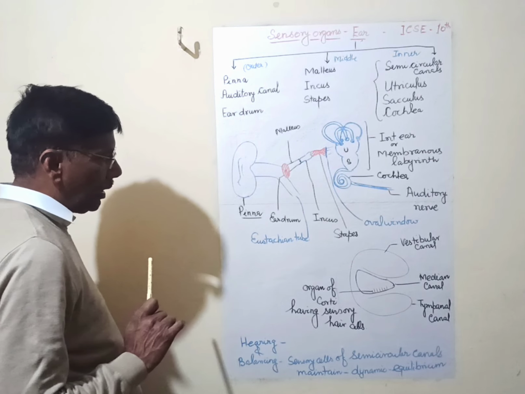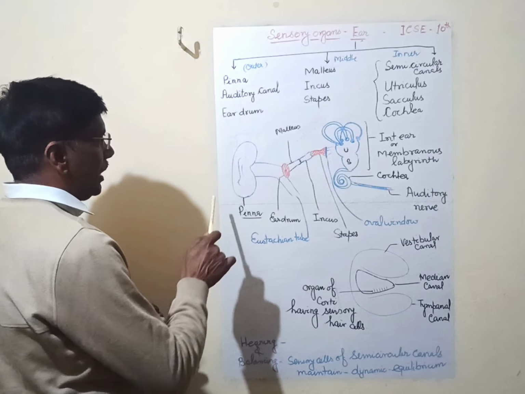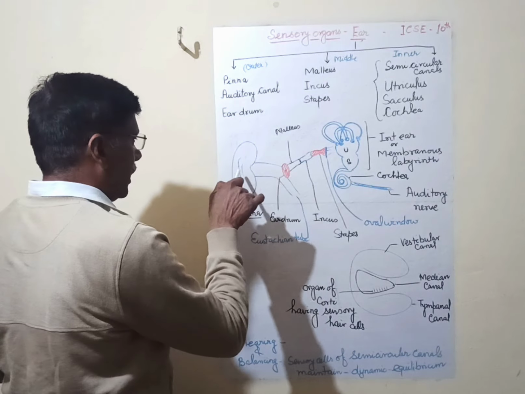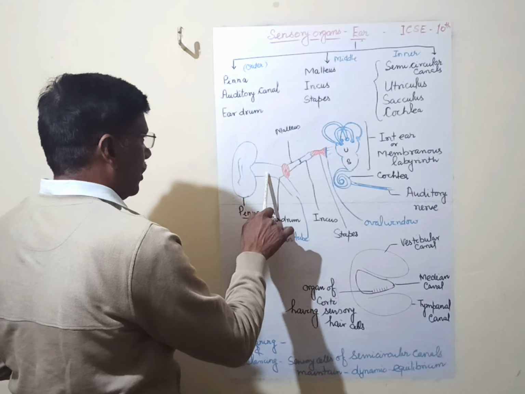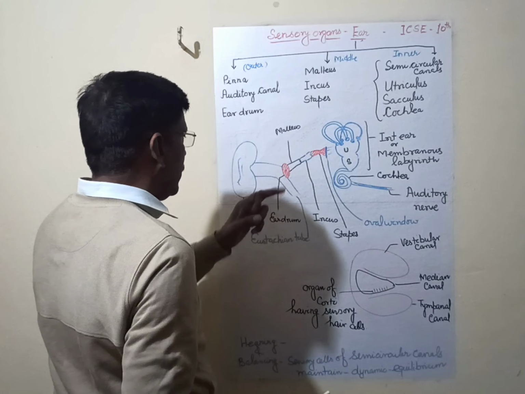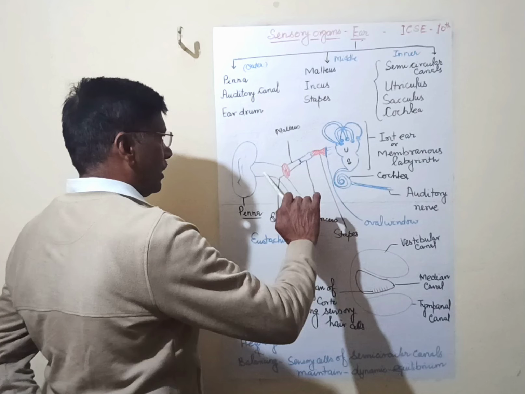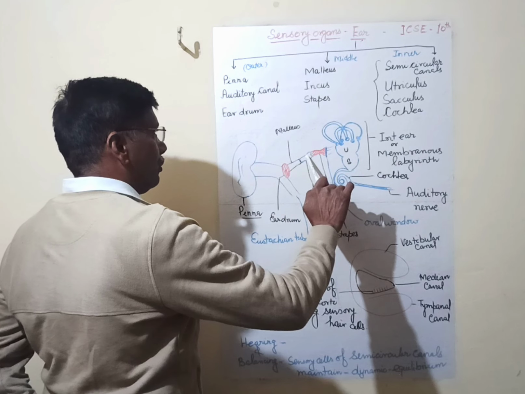Now we tell you how we listen. Mechanism of hearing. Sound waves are collected by the pinna. They enter the auditory canal. Then they reach the eardrum. The eardrum sends these vibrations of sound to the bones.